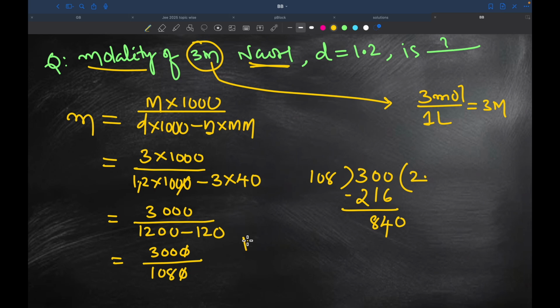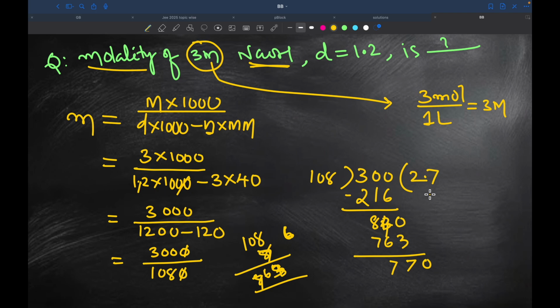Can it go in 8s? 8 sixes are 48, it doesn't go in 8, it has to go in 7. So 2.7, right? It's 756. Subtract, we got 7, and the 13 minus 6 is 7. Again we'll take 0. Again it goes, in which? It will go in 7 sevens, right? So 2.7 is the molality of the solution.